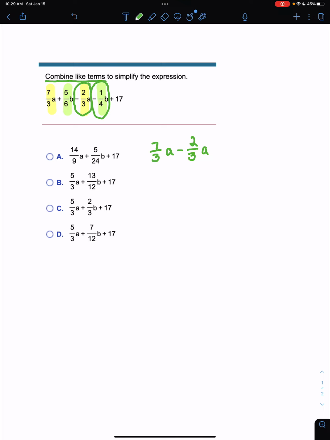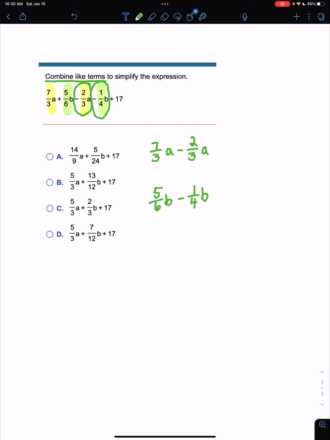And then I'm also going to simplify 5/6 B minus 1/4 B. Let's take care of the A's first because they have like denominators. And because they have the same denominators, we can just go ahead and add them together.